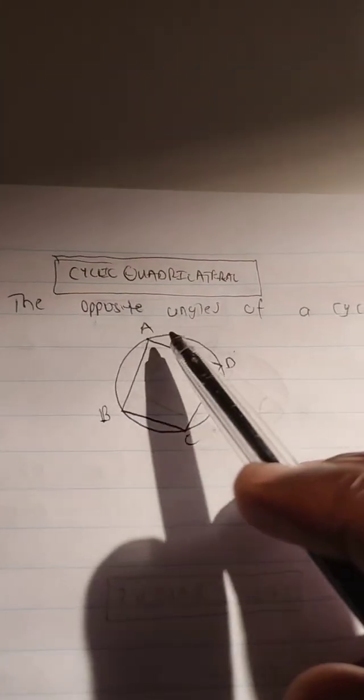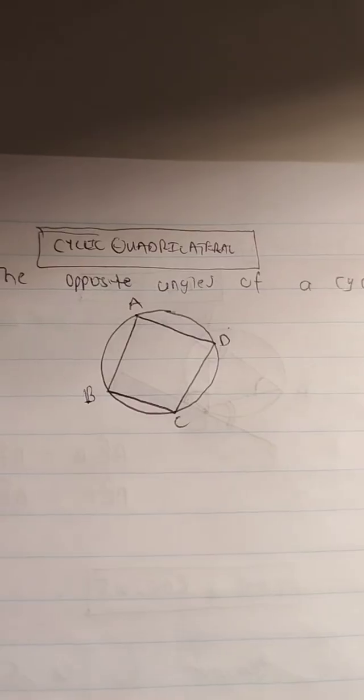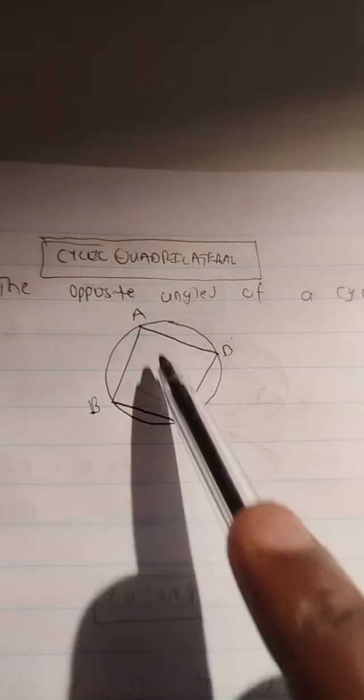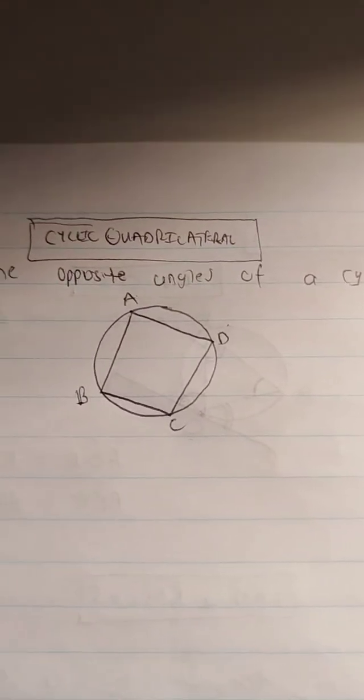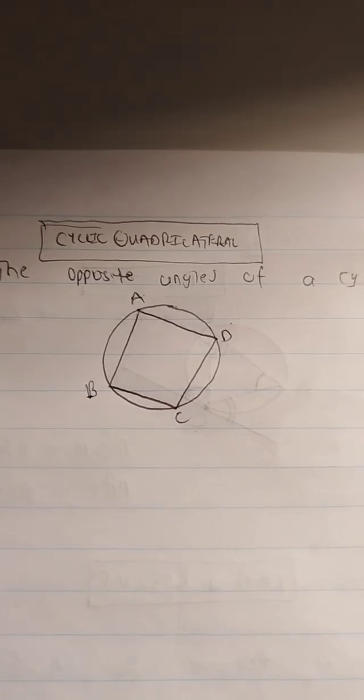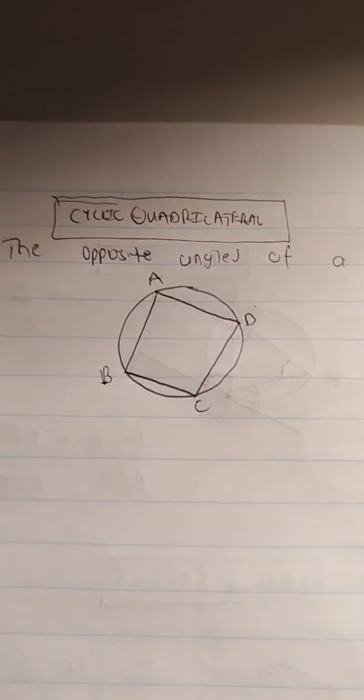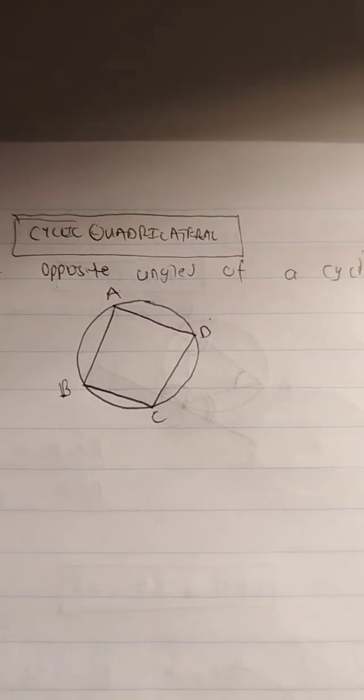The opposite angles of a cyclic quad are supplementary. So which angles do we term here as being opposite angles? The opposite angles of a cyclic quad situated at the circumference of the circle. This would be an important point to make. They must be found at the circumference, these opposite angles.